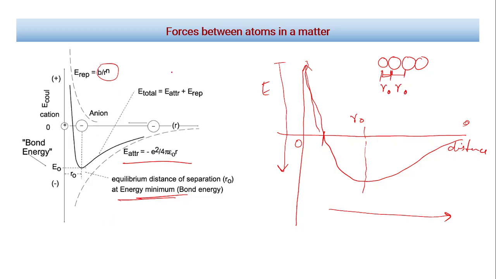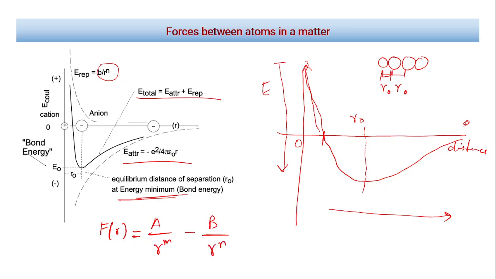So in total, the total energy will be a contribution of attractive force and repulsive force, and the total expression looks like this. The total force between the atoms can be given by A over r to the power m minus B over r to the power n.